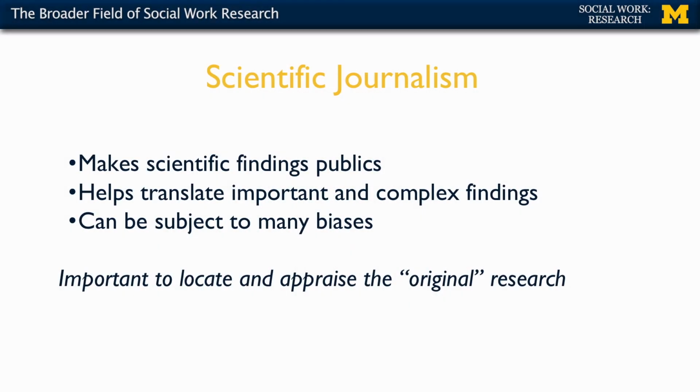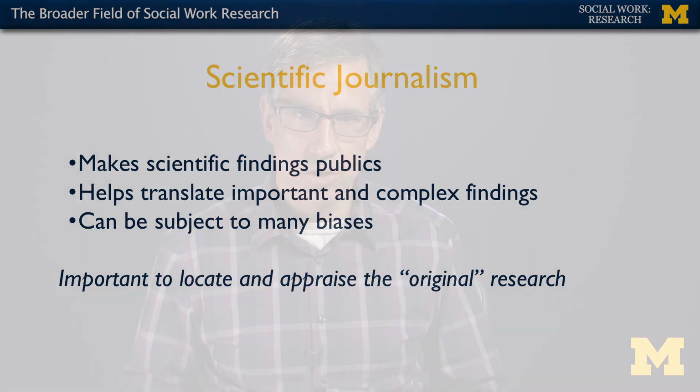So when you come across some of these studies, it's very important that you apply the skills in this course for becoming very good consumers of this research. And in this way, you could help advance the idea of scientific journalism by helping correct problems that are being shared by the scientific journalists. A few things that you could do is to locate and appraise the original research.